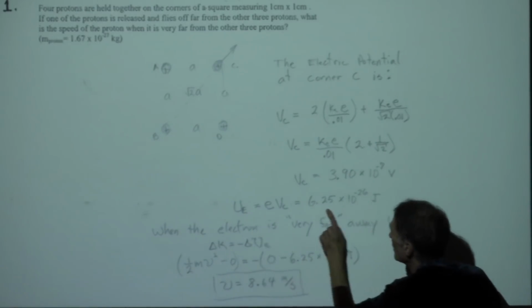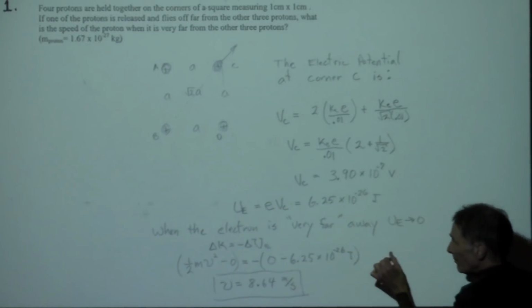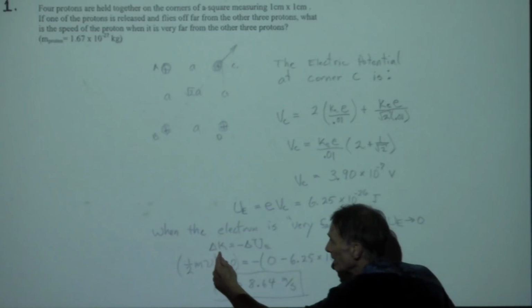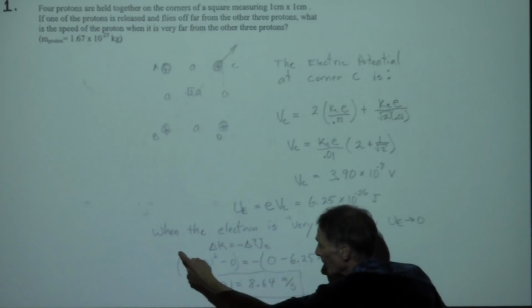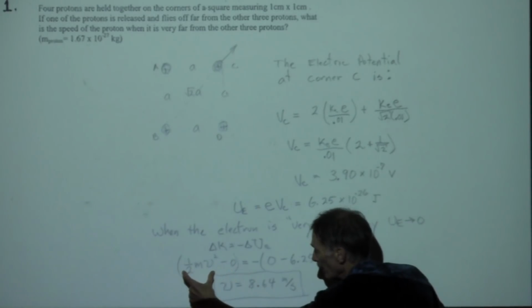The change in the potential goes from this to 0. And in that same process, the change in the kinetic energy is going to go from final minus initial, so the initial is 0 up to some final value.